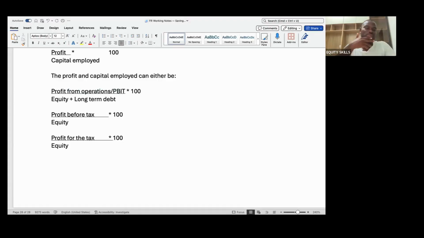I don't like doing that because it can get a little complicated. You know that equity plus long-term debt equals your total assets minus current liabilities or short-term debts.